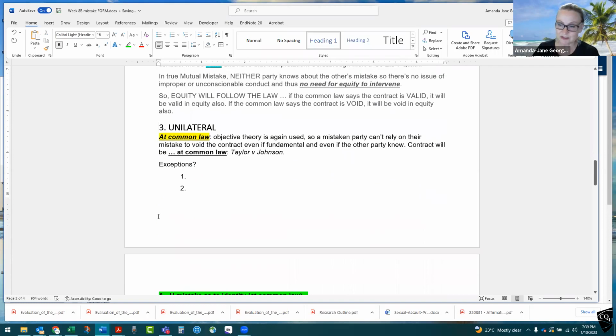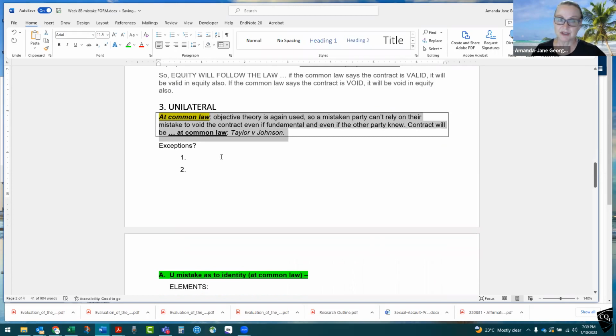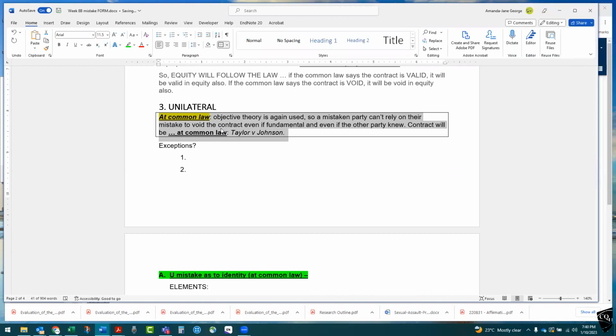A unilateral mistake, again, we have to be upfront about the fact that objective theory is used. So unilateral is where only one person is mistaken. Uni, one.